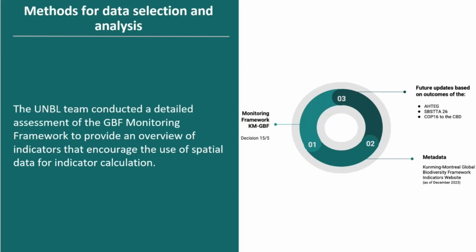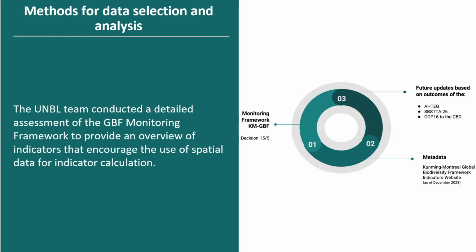Now let's dive into the methods we use and the selection process for the inclusion of data in the collection. The UNBL team of experts assesses the monitoring framework to identify where spatial data can be used for indicator calculation.